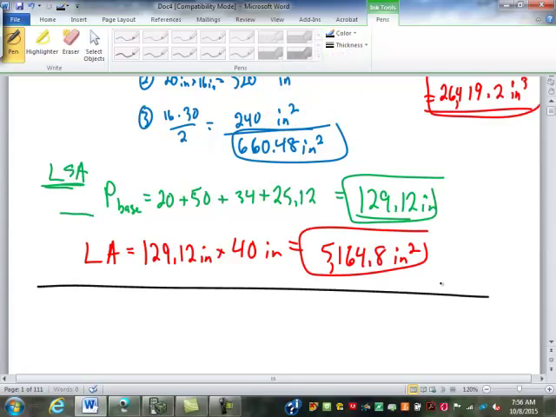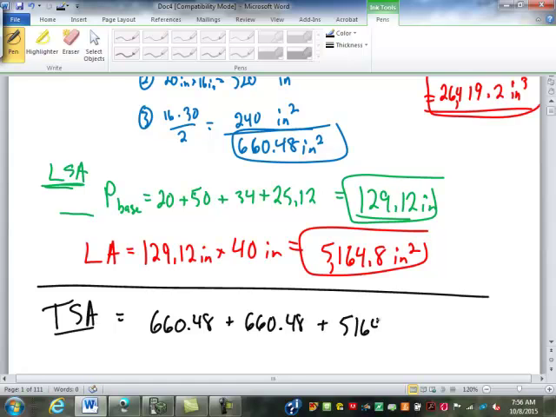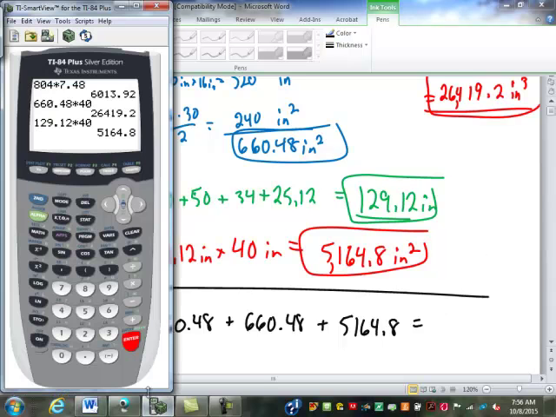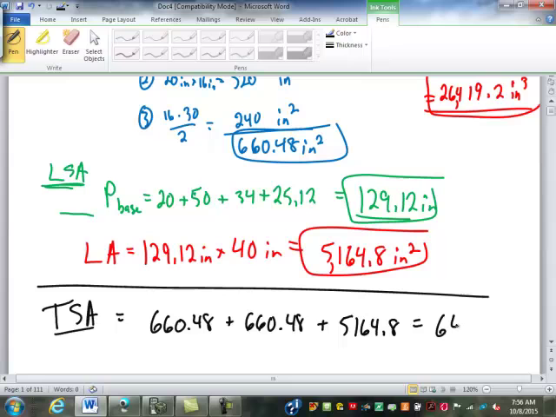So then the total surface area is the area of my base, 660.48, plus the area of my other base, 660.48, plus 5164.8, which is 6485.76 inches squared.